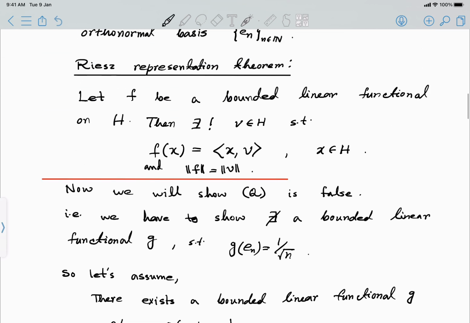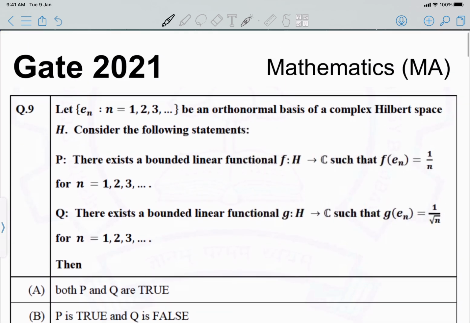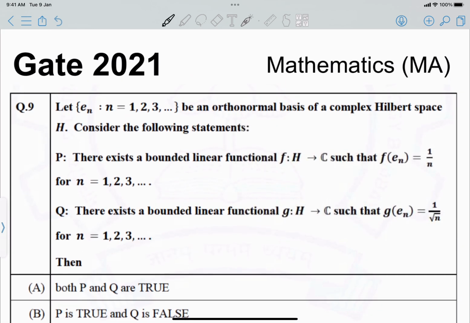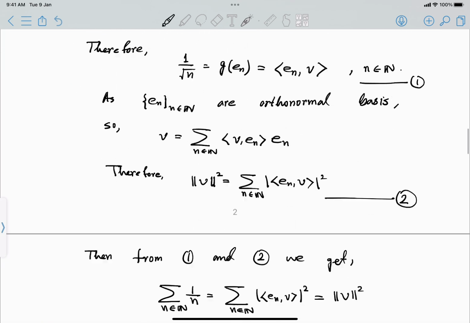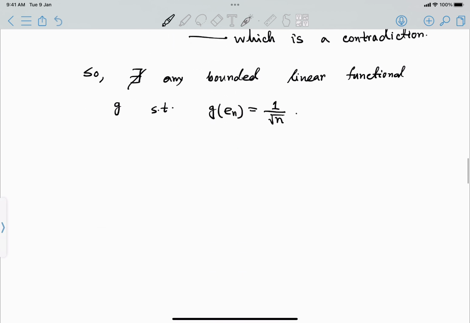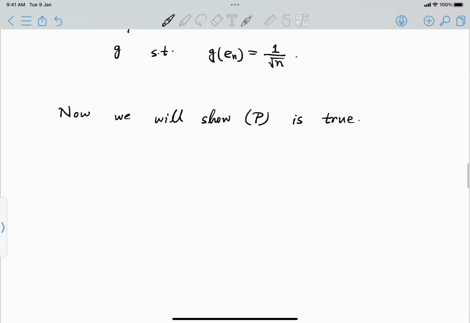Now we will show that statement P is true, meaning such a bounded linear functional exists. Okay. Now we will show statement P is true. What will we show?